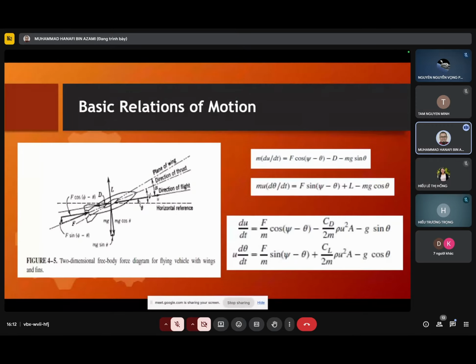When you have this inclination, you have mg sine, mg cos. This is dynamics again, recall your engineering mechanics. Everything is inclined, so you need to project this into the axes, the direction of L, F, D, and W, weight.